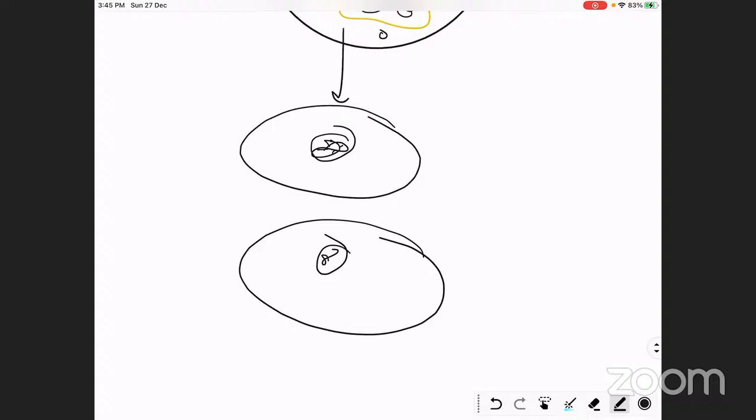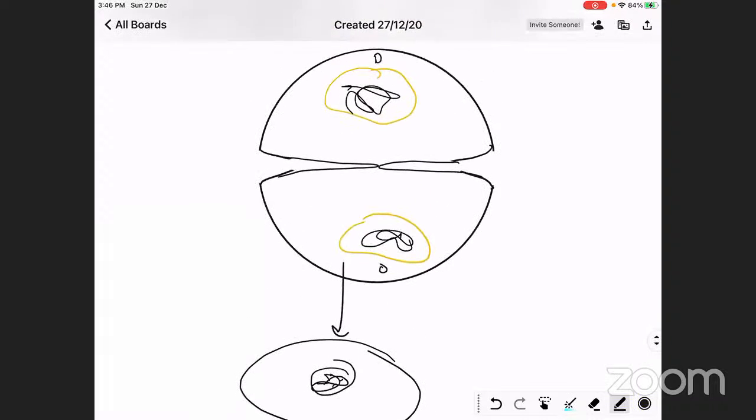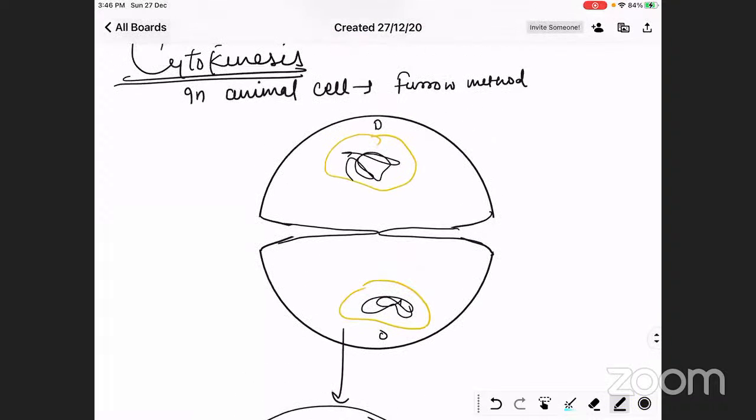Okay. So the movement of the furrow is towards the center. This is the centripetal movement of the furrow, which divides the cell into two daughter cells.